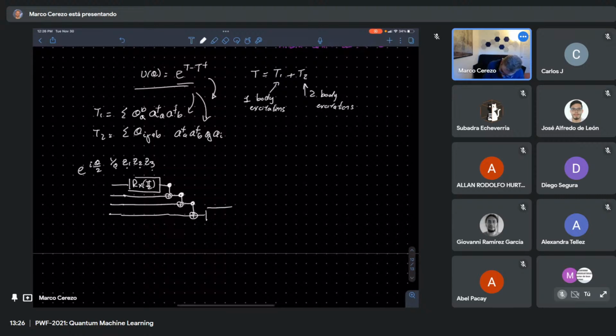And here, I can do a rotation about z of this angle theta that I previously have here. And then I have to do the reverse CNOT ladder. So I have something that looks like this. Then I have to do the CNOT from, let's see if I can get it. There you go. That's not that bad. It's almost a straight line.